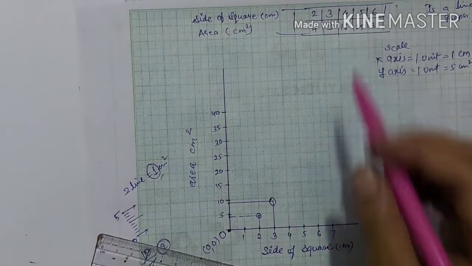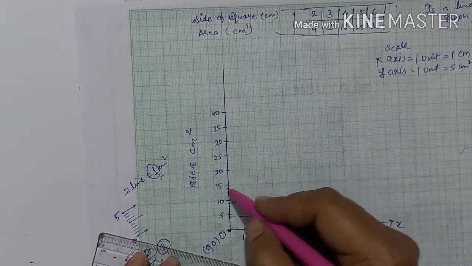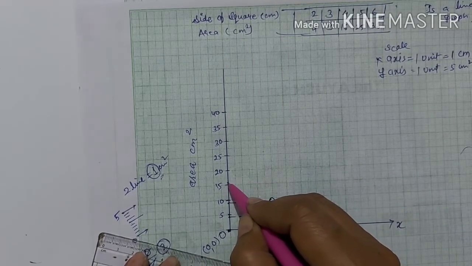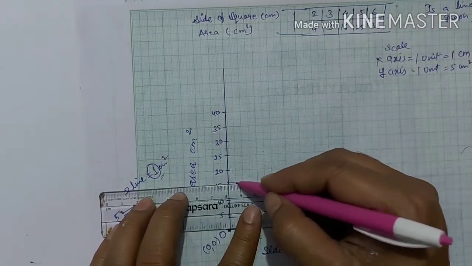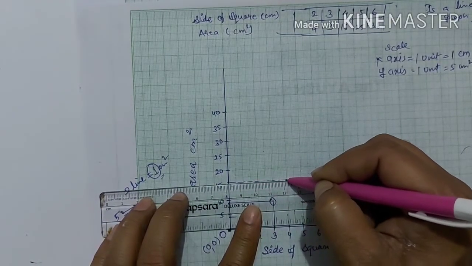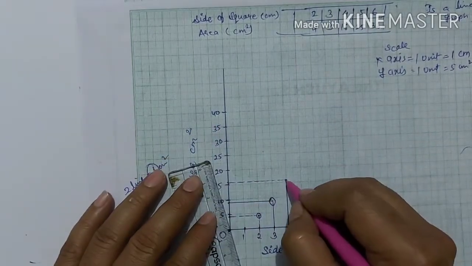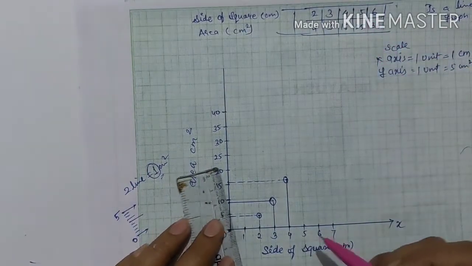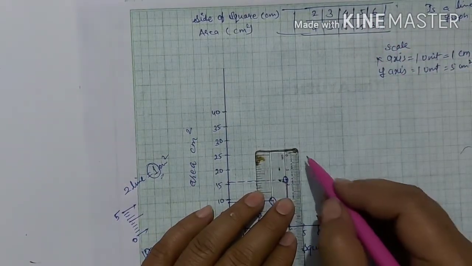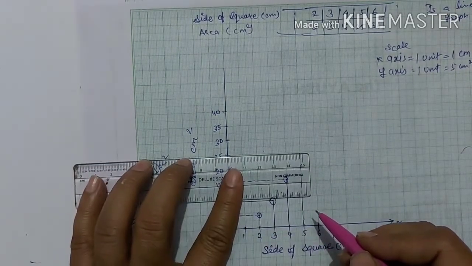The third is 4 and 16. 16 is greater than 15 by 2 lines. So for 4 you go parallel. This is the point. Next is 5 and 25. This is the 5 and this is the 25.